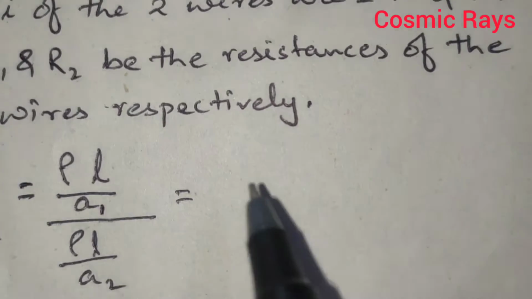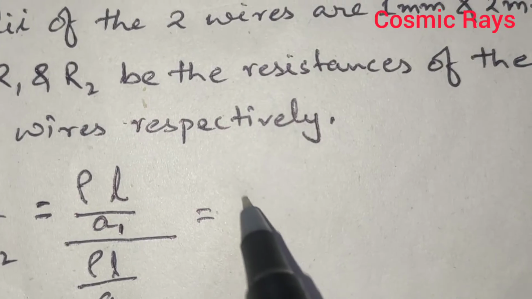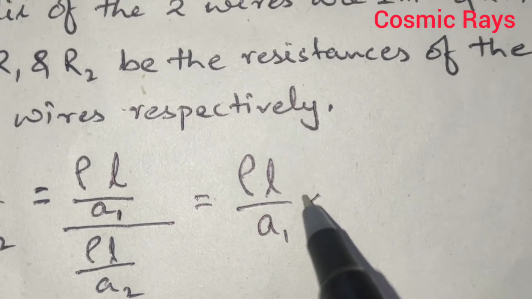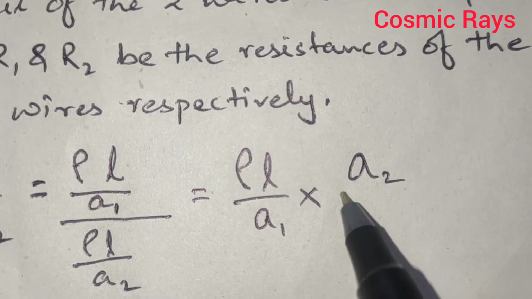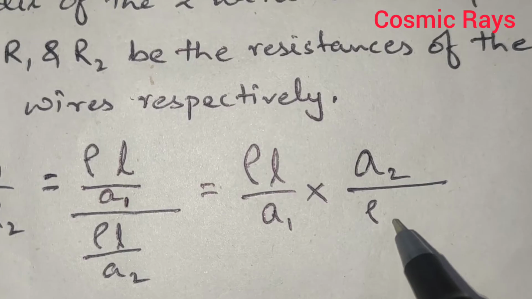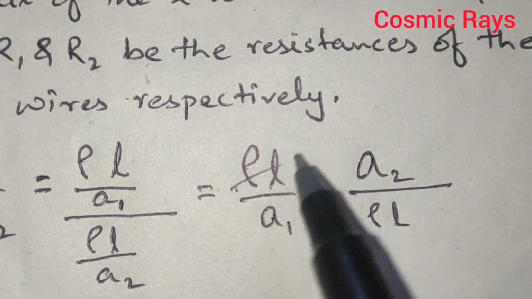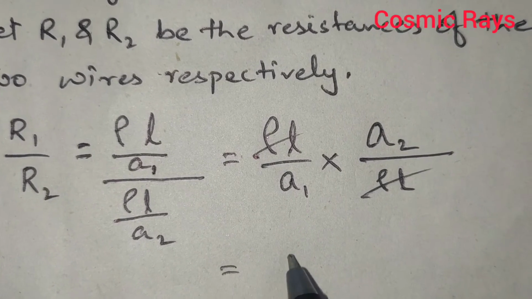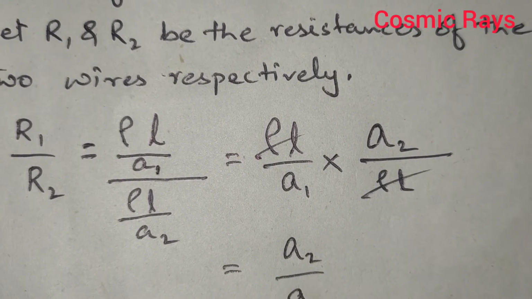So we will just rewrite the equation, that is rho L by A1 into A2 by rho L. Now rho L and rho L will cancel out and we are left with A2 by A1.